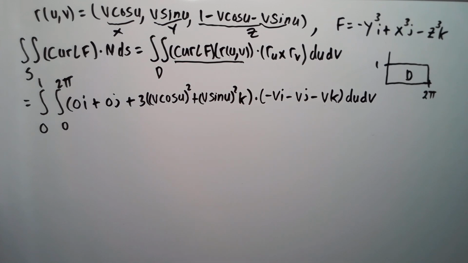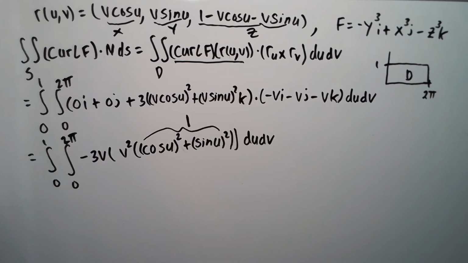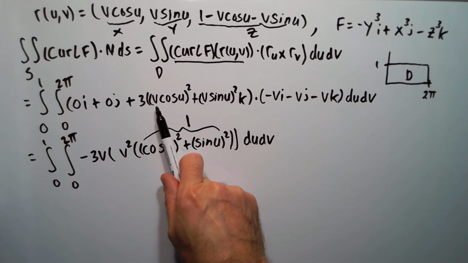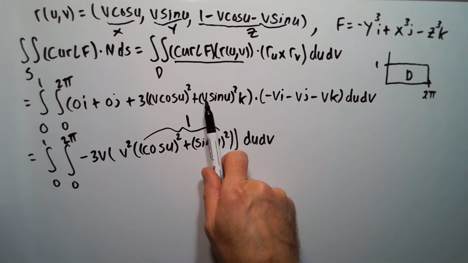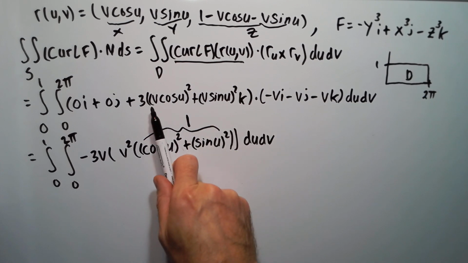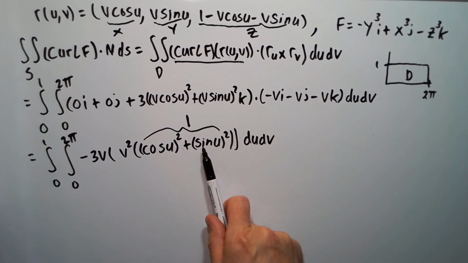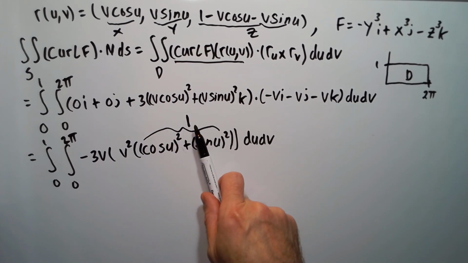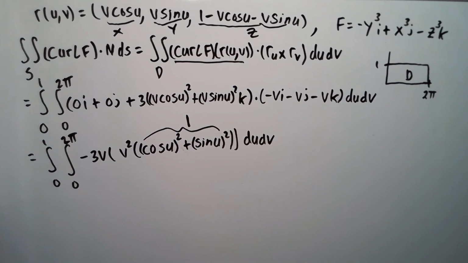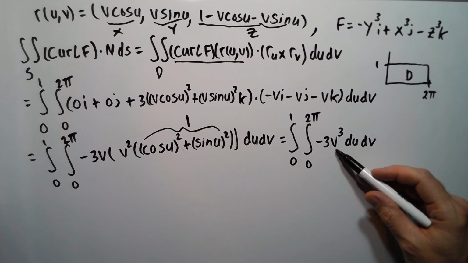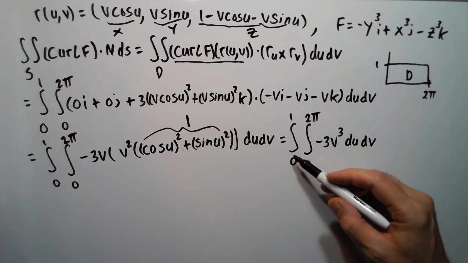So doing the dot product, we get this. I squared the v squared and pulled it out because I have v in both of those. And I have a cosine squared here, sine squared here, which would be 1. So this whole thing just becomes this then: negative 3v cubed double integral.